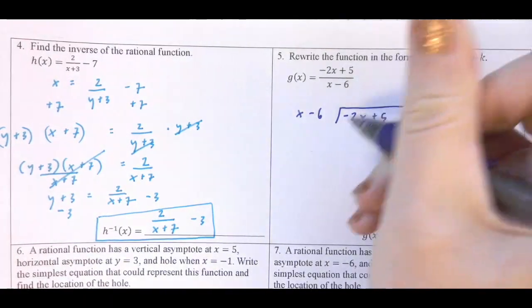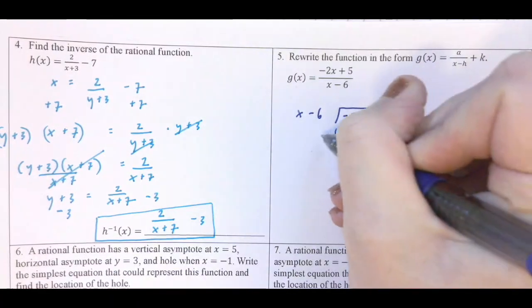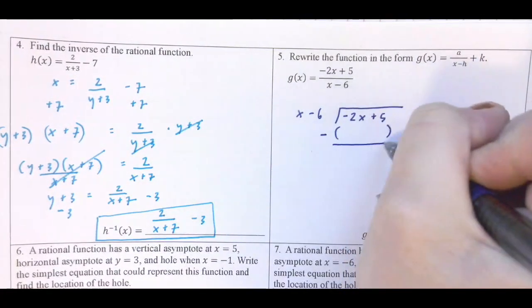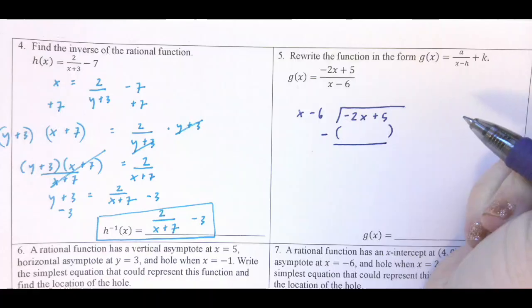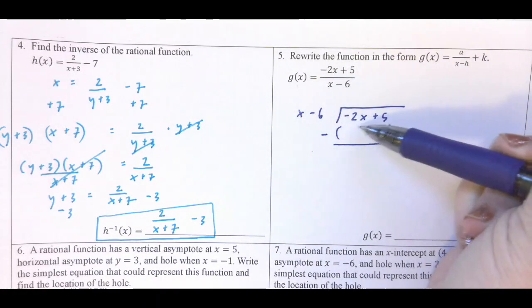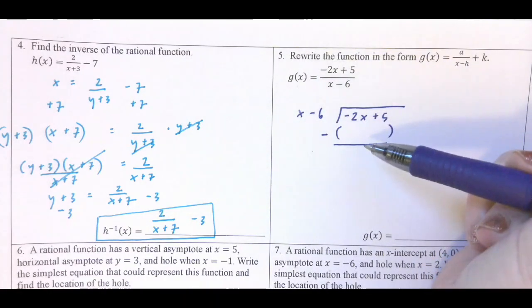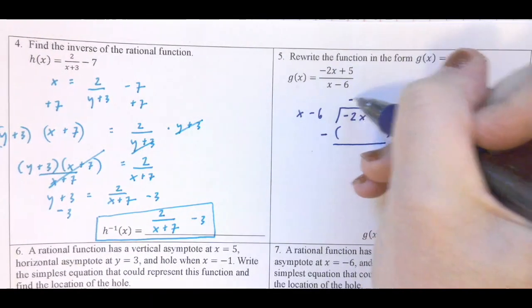Okay, I like my structure, so I'm going to build my parentheses 2 terms wide and get my subtraction there ready to go. And I'm thinking of, well, how many times does x go into negative 2x? Or x times what is negative 2x? And that'd be negative 2.